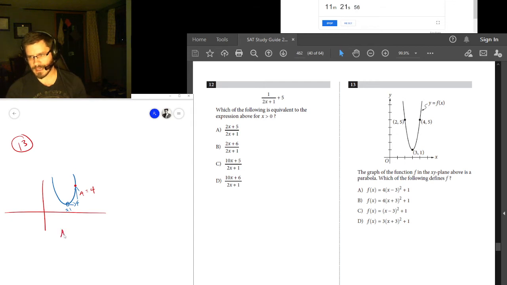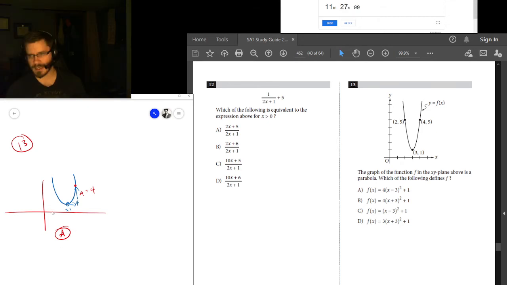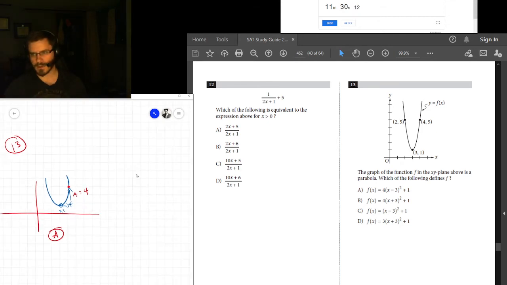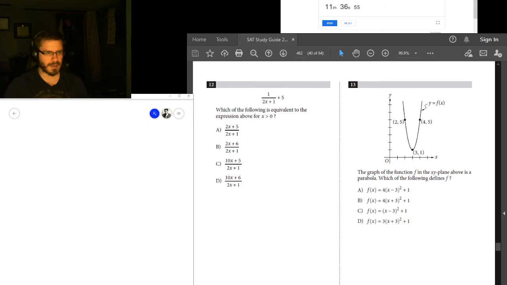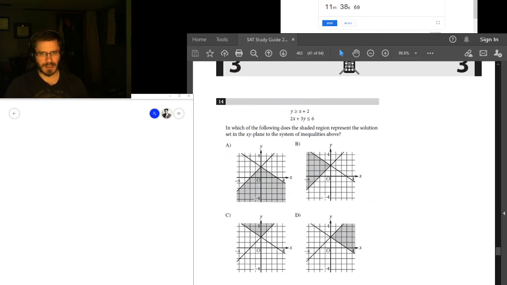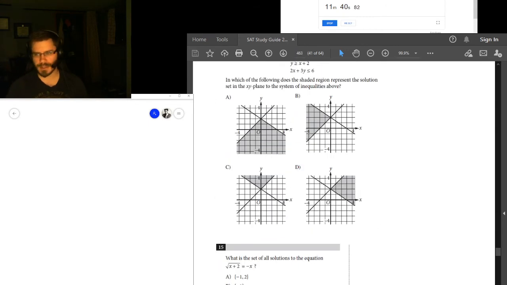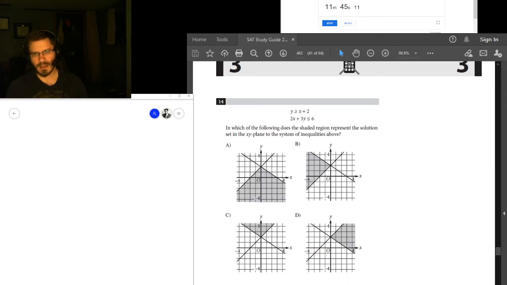So that's going to be A. Another method is to plug 4, 5 in and see which one of those two remaining options works. But if you go to the left or to the right 1 unit from the vertex, you get a vertical displacement of that leading coefficient. I know that might be confusing to some people, but please do study it. It will save you time in the end.